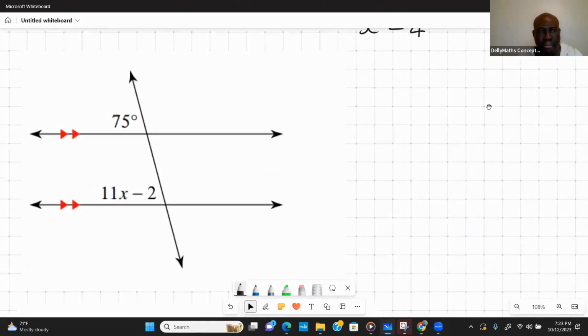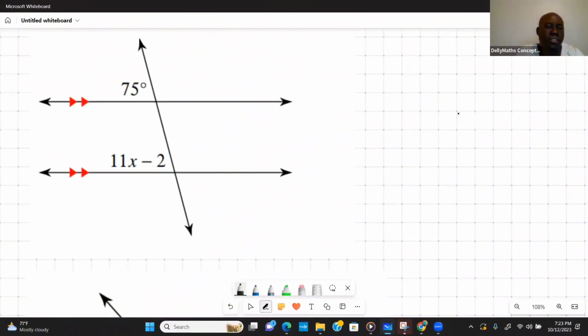Let's take a look at the second case. These two angles, though, are on the same side of the transversal. One is outside, one is inside. As in, there's one which is between the two parallel lines, and there's one that is on the outside.